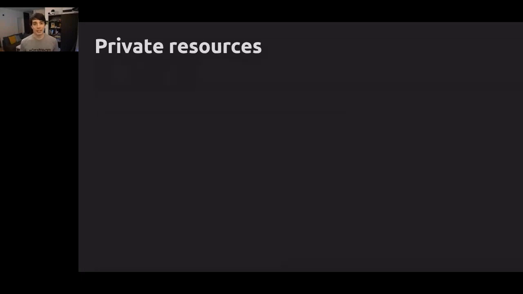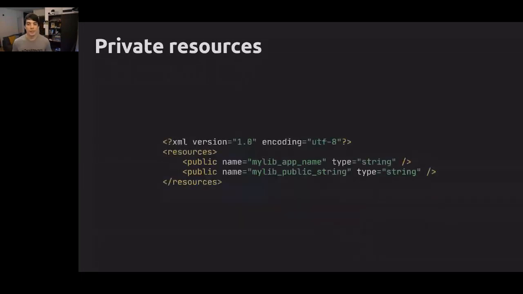This means that these resources are part of your public API, so you can't rename them or remove them without breaking applications. And this is where private resources come into play. In order to not expose all of your resources, you can add one or more public resource declarations into your resources folder, such as these here.